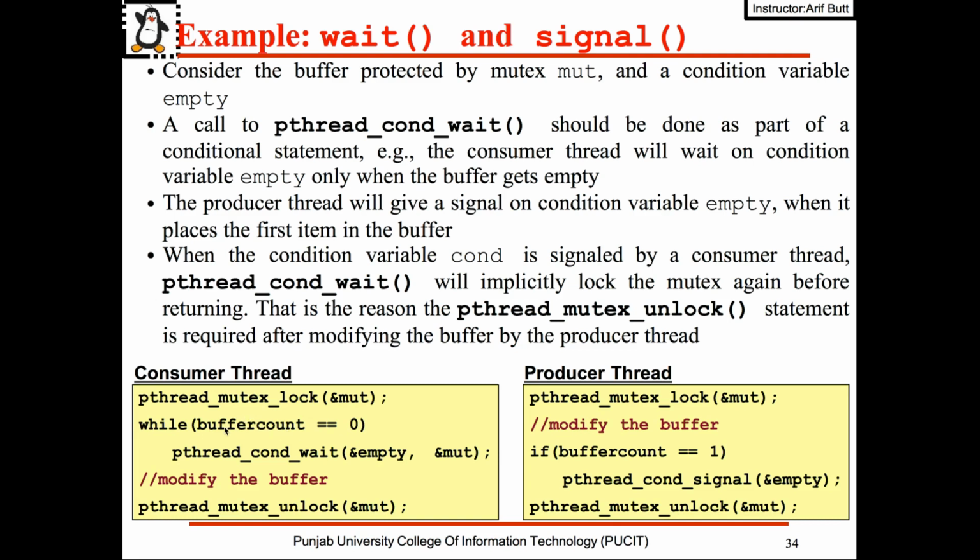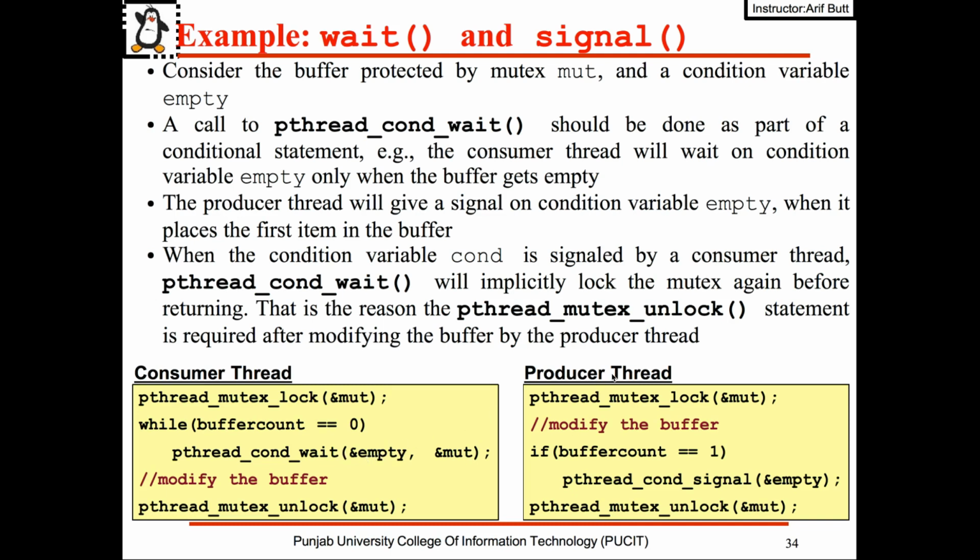Remember, before getting inside the buffer, the consumer thread must get hold of the mutex lock, and if the buffer is empty, it calls wait on this condition variable, and the second argument is this mutex variable because it has to release this mutex and wait on this condition variable in a queue.